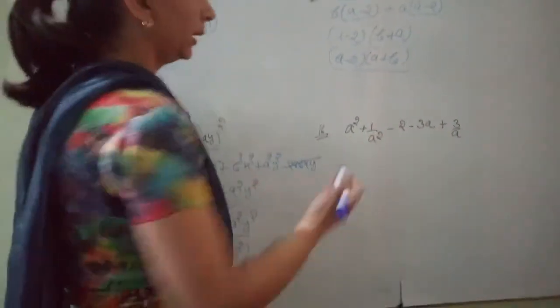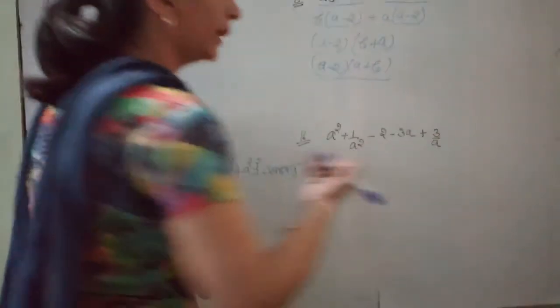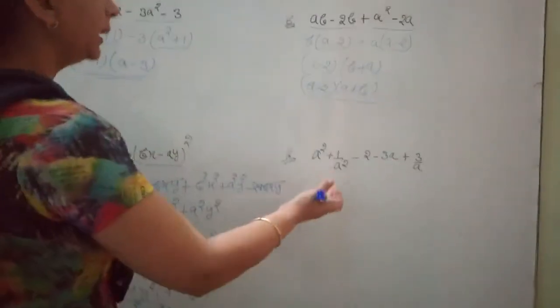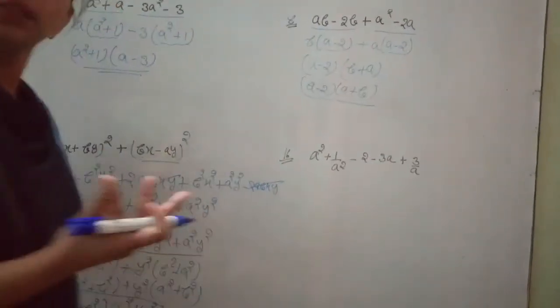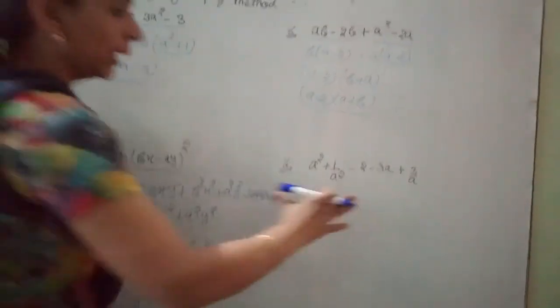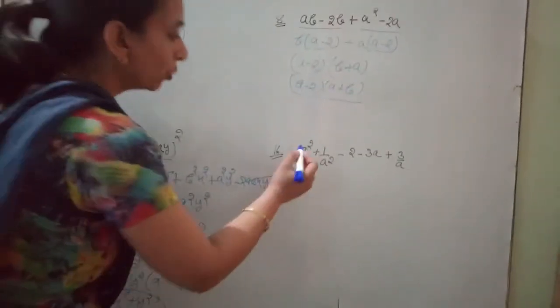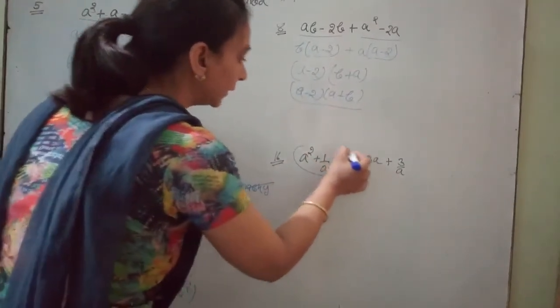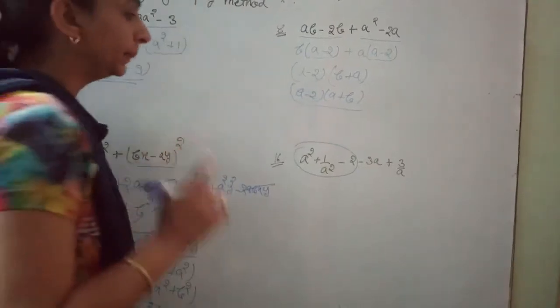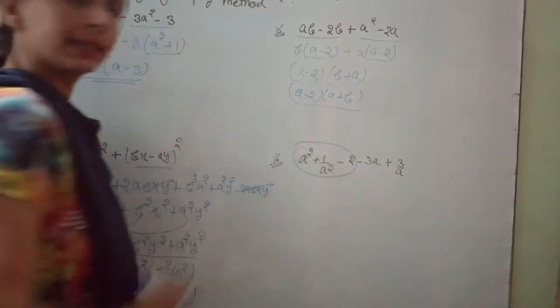Student, there are a total of 1, 2, 3, 4, 5 terms. If we take the grouping method, we need an even number of terms. First we arrange this. Student, this is an identity. In the last chapter we already discussed it.